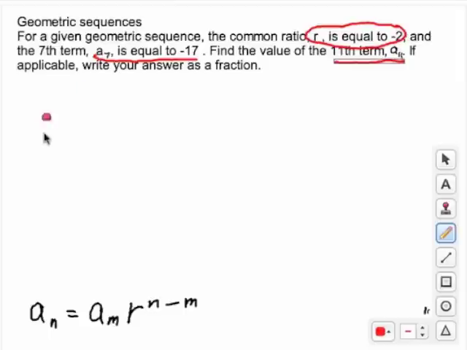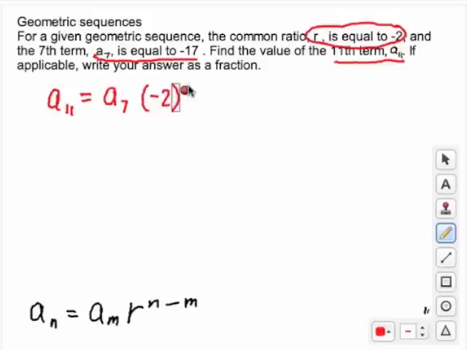So let's go ahead and plug this into our formula. a sub n is what we're looking for, really. So we're looking for a sub 11. That's what we want to know. And we know what a sub 7 is, so we're going to use that in our formula. And we know what r is. r is going to be a negative 2.